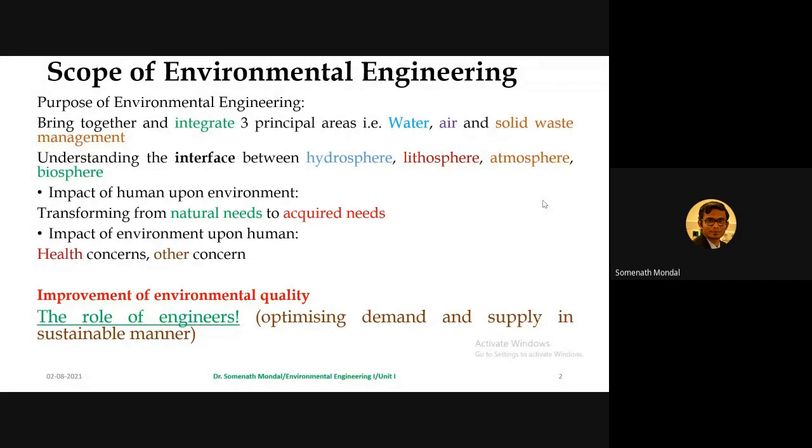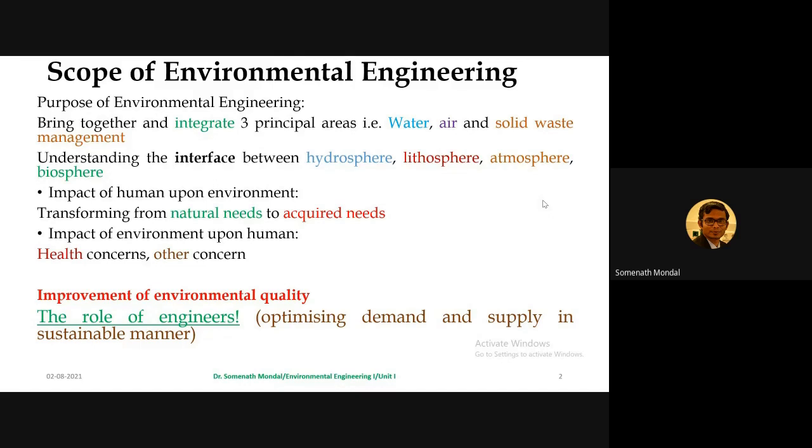Next comes the impact of humans upon the environment: transforming from natural needs to acquired needs. That is the impact of human beings on the environment. Maybe 300 or 400 years ago, the human population was not very significant compared to the amount of natural resources we had at that time.